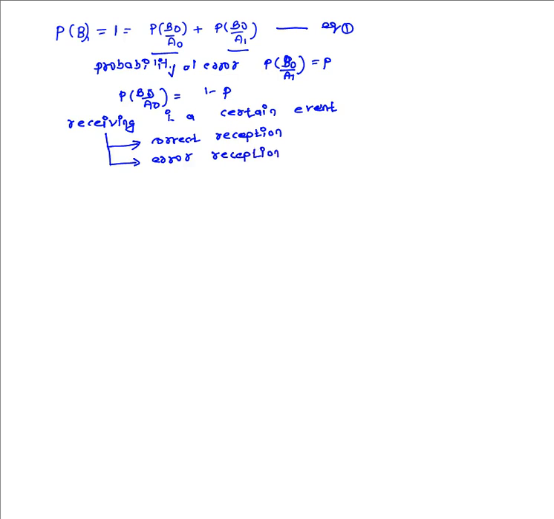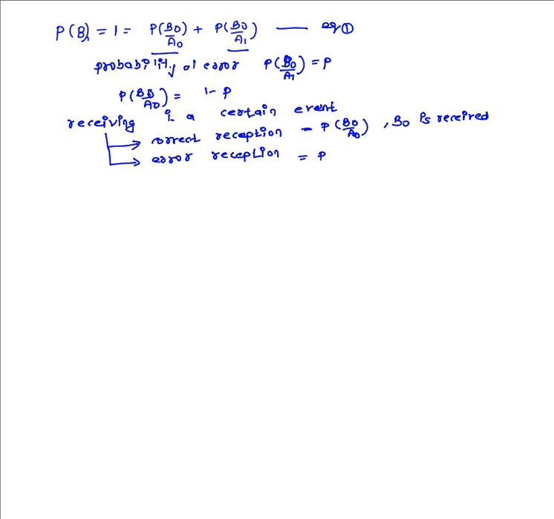Correct reception is given by probability of B0 divided by A0, when B0 is received. That means correct reception is given when 0 is received and 0 is transmitted.